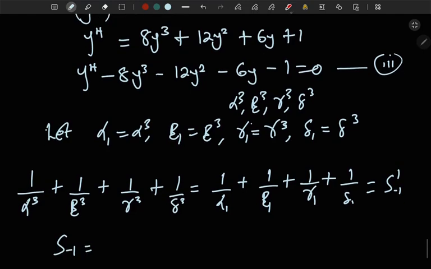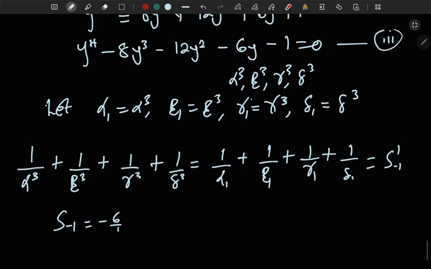Whatever we have here, the ratio of the linear term is going to be the negative of the ratio, which is going to be minus 6 over 1. So the final answer here is going to be minus 6.